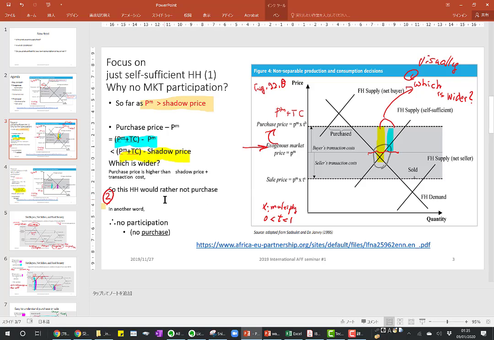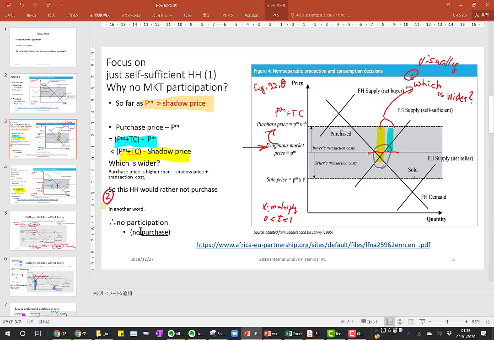So this household would rather not buy this food.